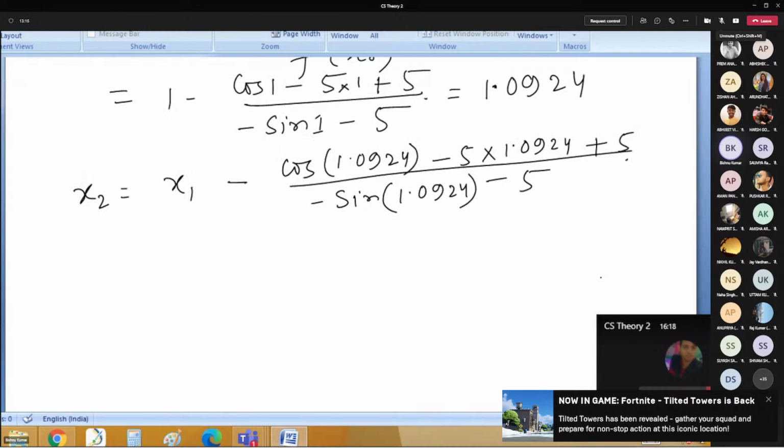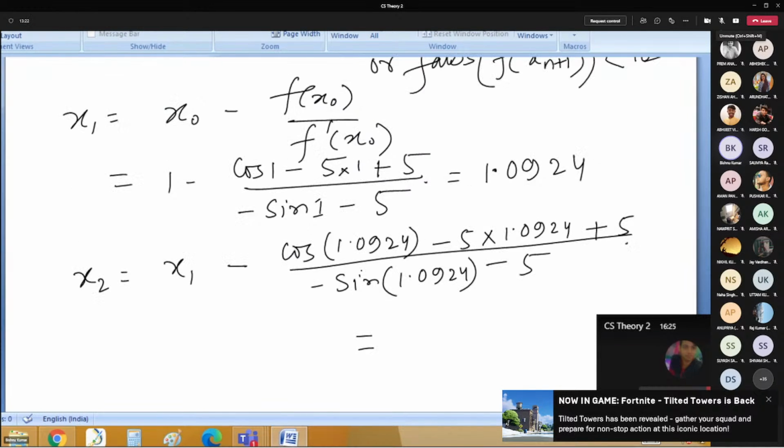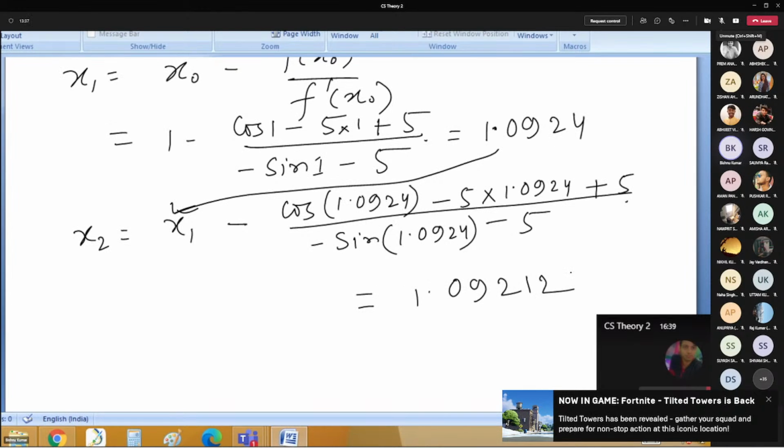What is this value? That is x2. x1 you take from here. Sir, it is 1.092112. Okay, no problem. I can stop here.